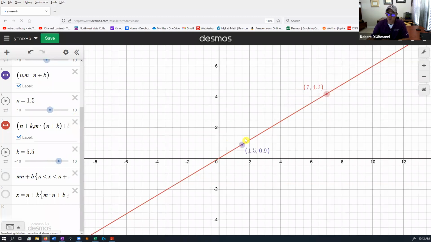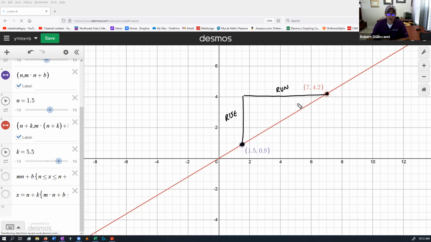Then if you wanted to get from one point to the next point, you're going to have to go up some amount and then over some amount to get to that point, right? We call this the rise. We call this the run. So to get from one point to the other, you go up a certain amount and over a certain amount. Got it? Rise over run.